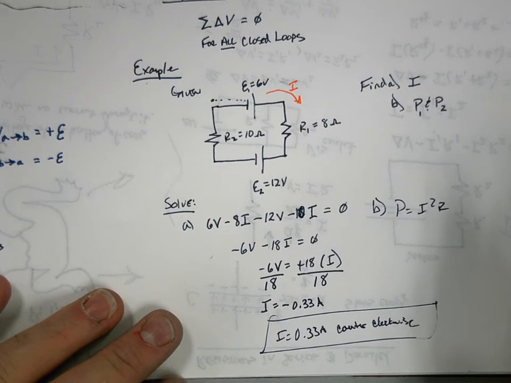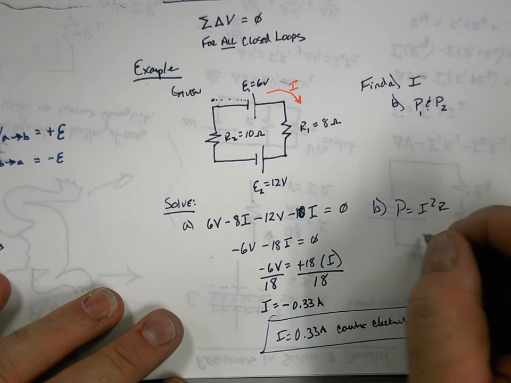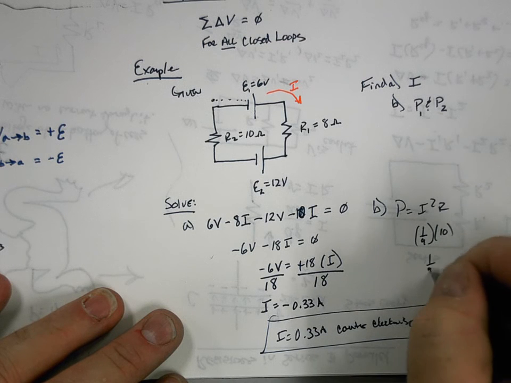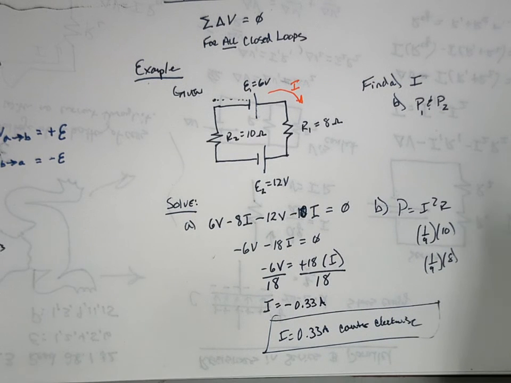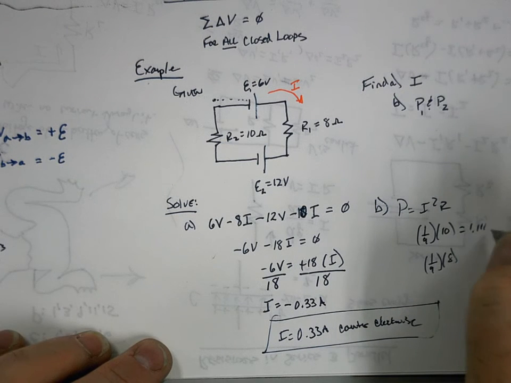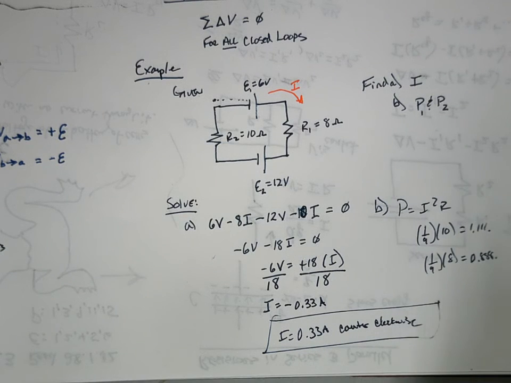We have the current and each resistance, so it's going to be 1/9 times 10 or 1/9 times 8. 0.33 squared is 1/9, right? So that's going to be 1.111 and 0.888 and so on. And so really the whole thing is turning out 2 watts.